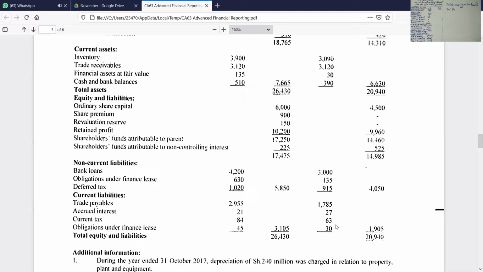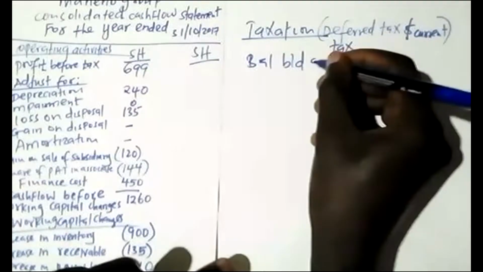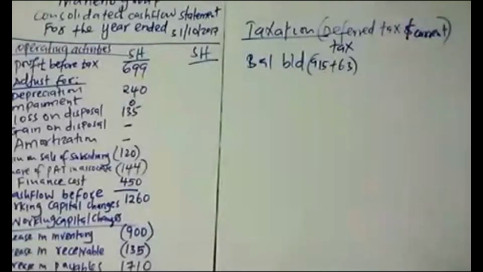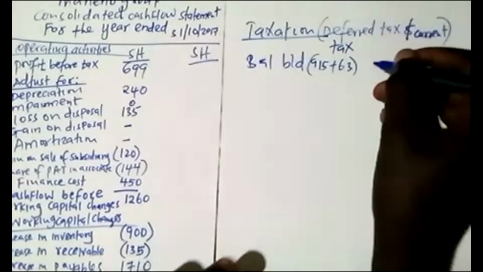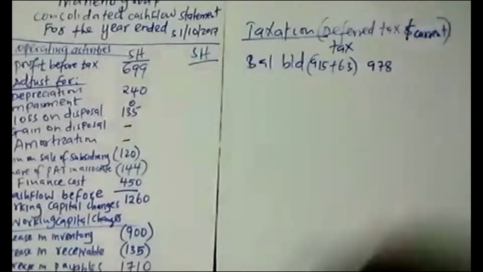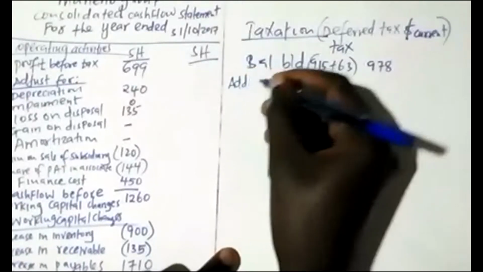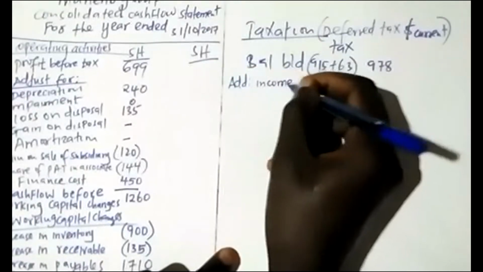Current is 63. So 915 plus 63, what is the total value there? That is 978. Then what I will do, I have to add income tax for the year.